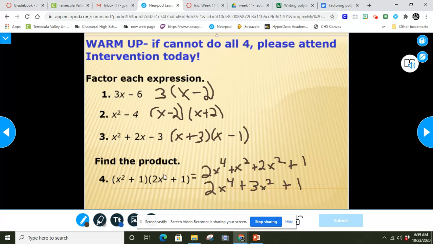I can split it up in half, and I'll know what is going to go first. But in order for them to combine and get like terms, this exponent would have to be half of that one. So if this was 6, this would have to be a 3. And then I could factor it as long as I could find what multiplies up and adds to the middle term.